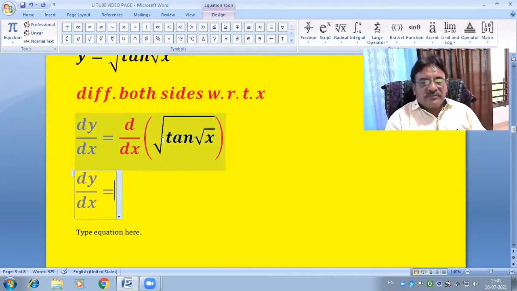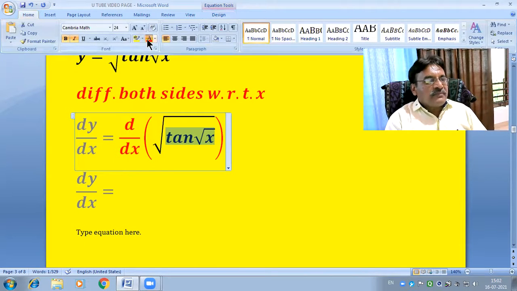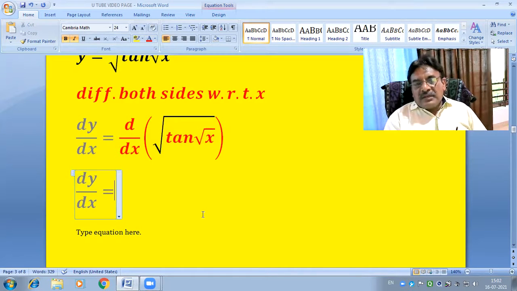We find the derivative of this function using the formula d/dx of root f(x) equals 1 by 2 root f(x) into f dash of x. Here tan root x is f(x).